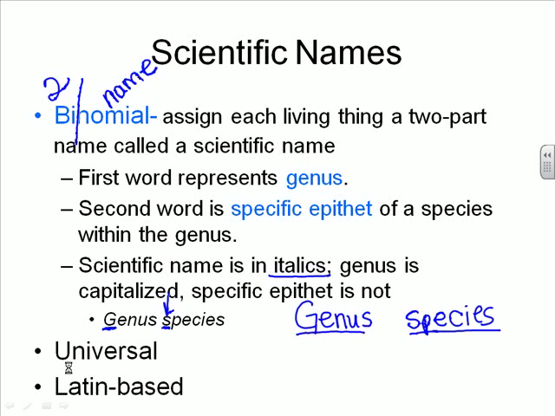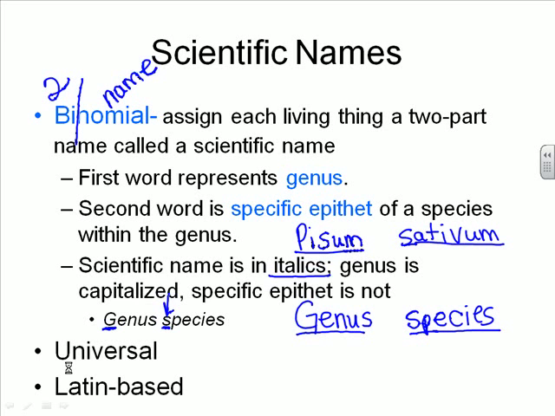For example, the garden pea, Pisum sativum, would properly be written like this. Because I am hand writing, I must capitalize the genus, make the species lowercase, leave a space between them, and underline the two.